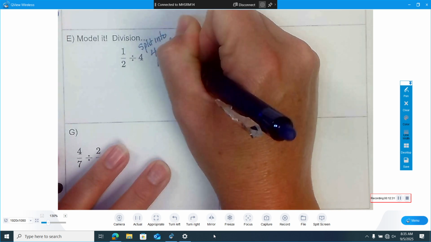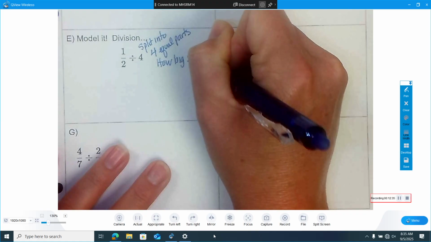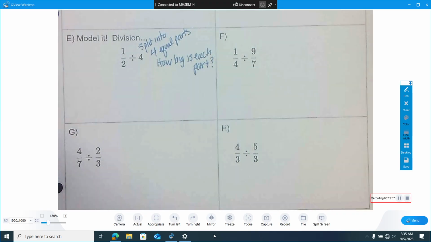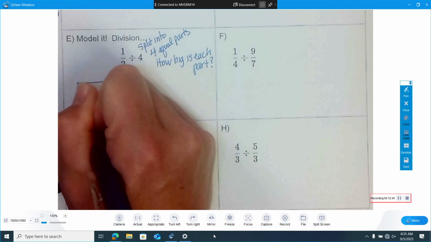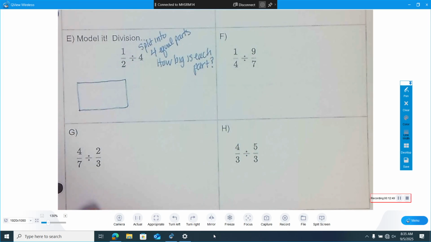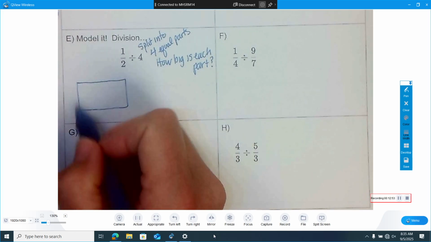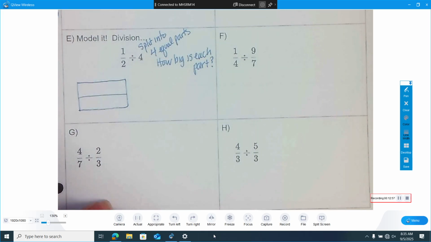And that's the question that we're asking when we are doing division by equal groups. And so again, I can model this pretty easily. So I'm going to start with a half. And is a half more than 1 or less than 1? It's less than 1. And I need to model that. So 1 is the whole thing, so we're going to split it into 2 parts.